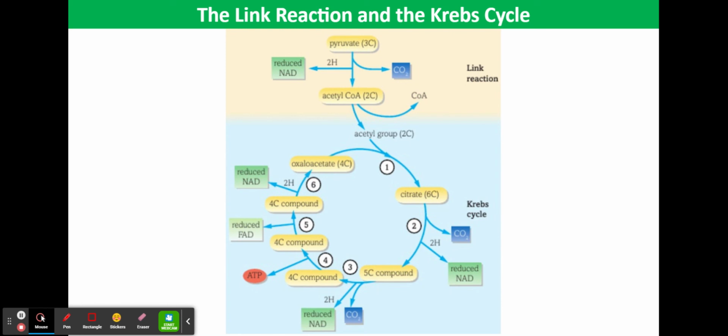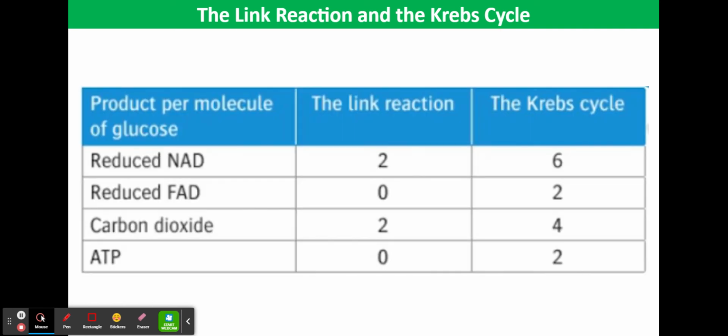For every molecule of glucose, there are 2 turns of this Krebs cycle. The table on the slide in front of you shows the products of the link reaction and the Krebs cycle for one molecule of glucose.